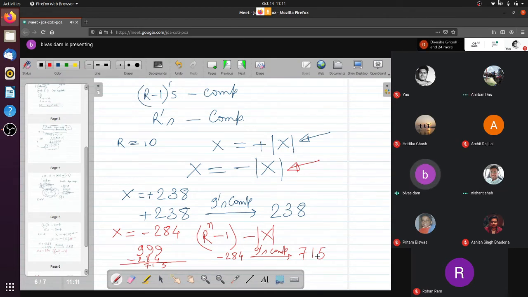So in other words, instead of going for the subtraction from R to the power n minus 1, what I am suggesting is simply subtract each digit from 9 and keep the result in that same position itself. That will give you the 9th complement of that negative number.